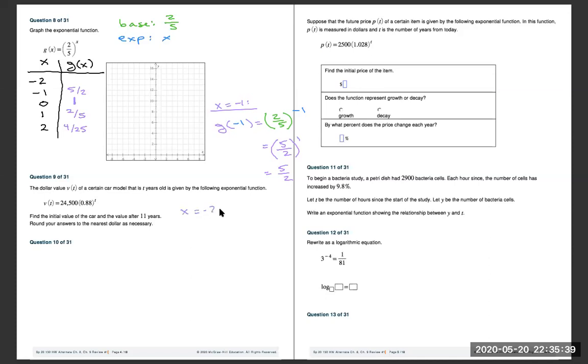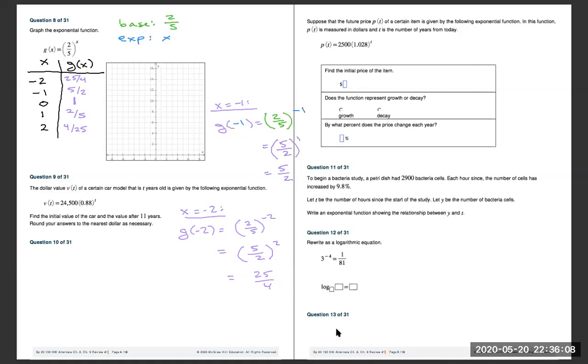And then x is -2. I'm not going to color code this one. G of -2 is equal to the quantity 2/5 to the -2 power. That's 5/2 squared, which is 25 over 4. So there's this weird reciprocal thing that happens with exponential graphs and fractions for base. So 25 over 4. Okay, that's our first step.